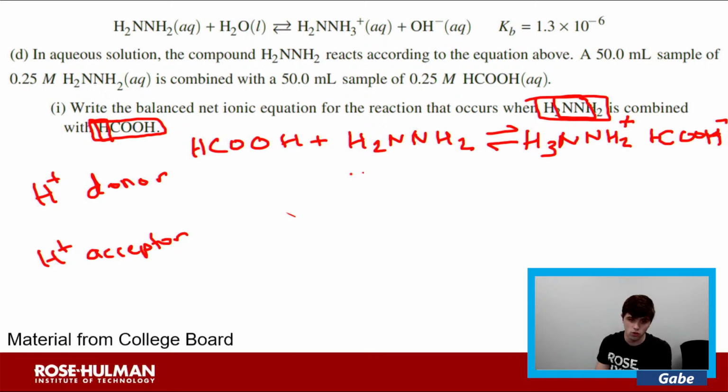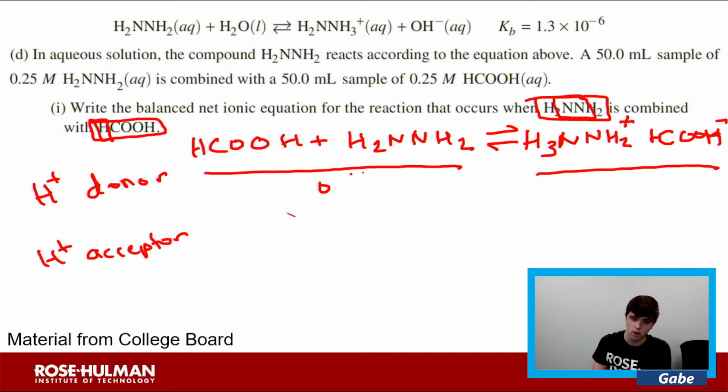So we have two neutral compounds on this side, which will make an overall charge of 0. And on this side, we have a positively charged compound and a negatively charged compound. Well, it can be the same as having a positive 1 and a negative 1, and that also makes it neutral on the side. So we need to make sure when we write our net ionic equation that we have the same overall charge on both sides, otherwise that will not be your correct answer.